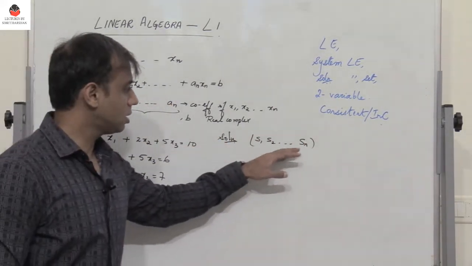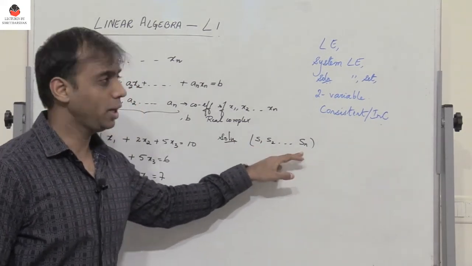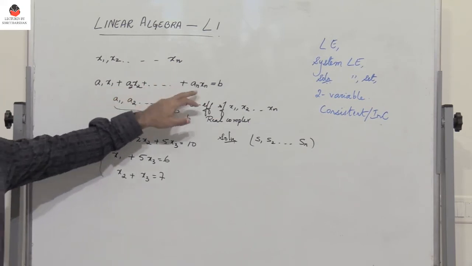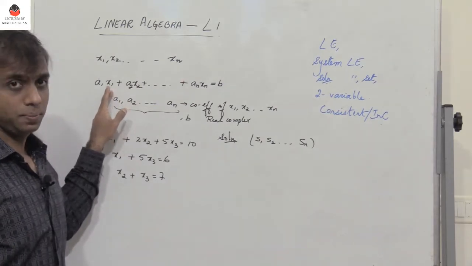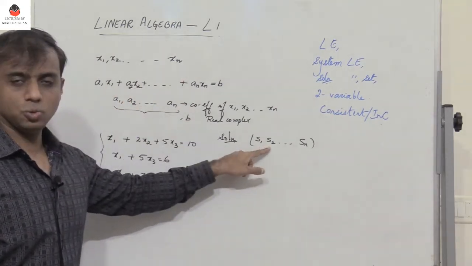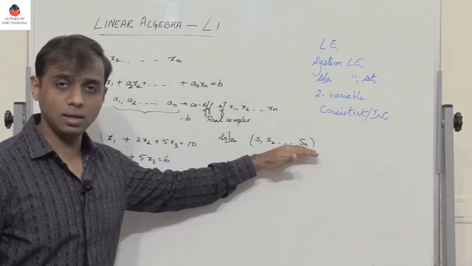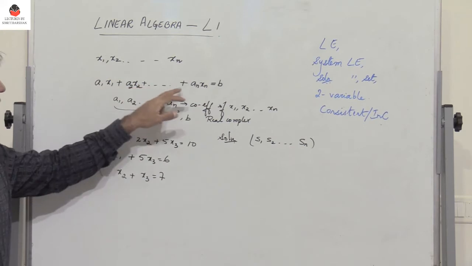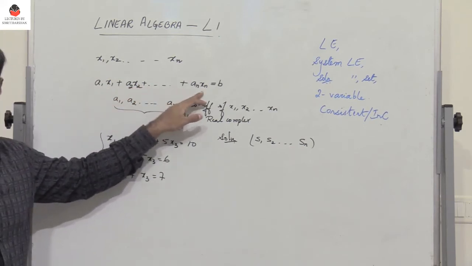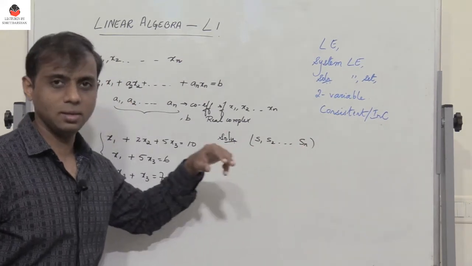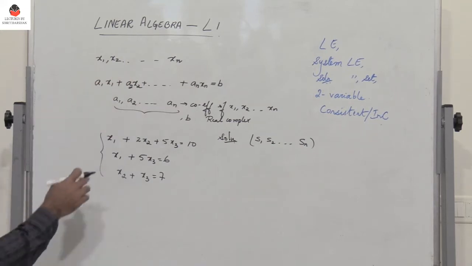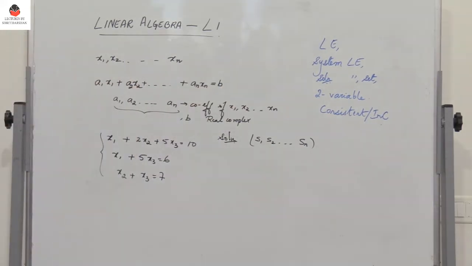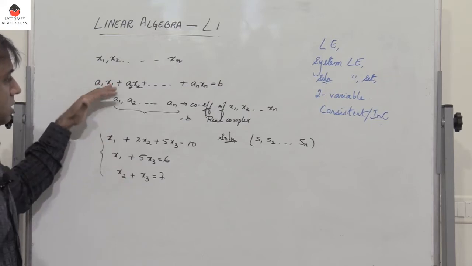If I substitute these numbers s1, s2 and so on up to sn in place of x1, x2 up to xn, what happens? The LHS becomes equal to RHS. So it makes each of these equations a true statement, meaning that the LHS will be equal to the RHS.